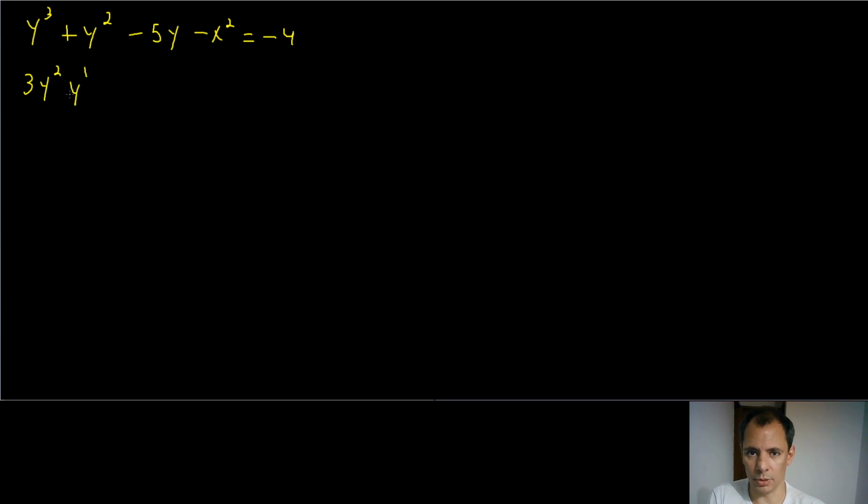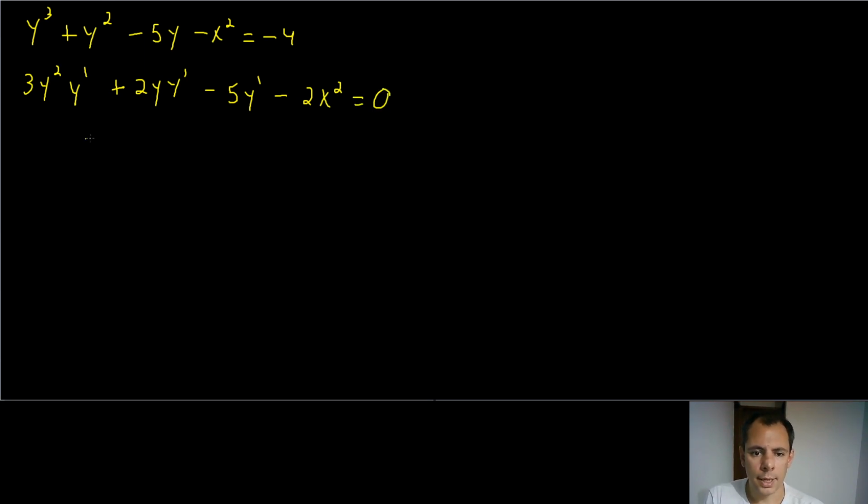Remember, you got to multiply it by dy/dx, plus 2y y prime, minus 5y prime. What's going on here? What is minus 5y with respect to y? It's just minus 5. But you got to multiply that by dy/dx because it's chain rule. It's implicit differentiation. So it becomes minus 5y prime. Okay? Minus 2x squared equals 0.